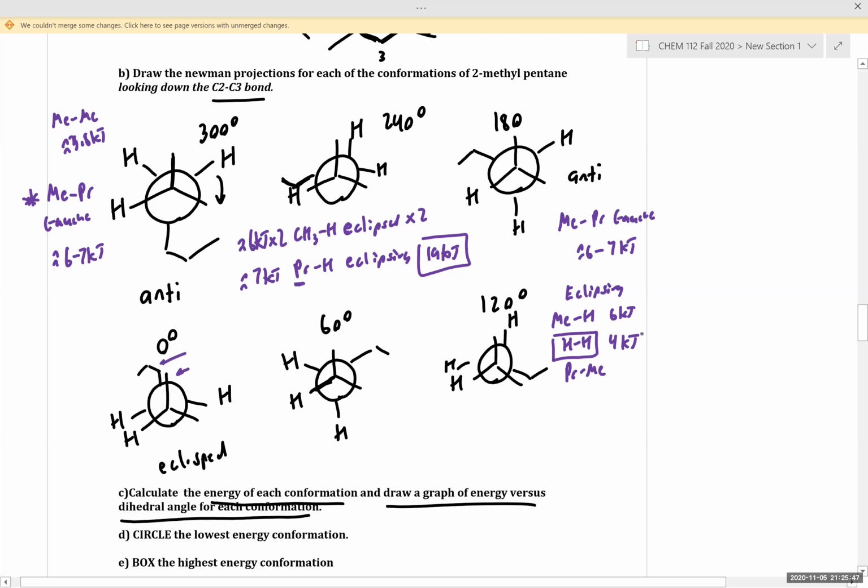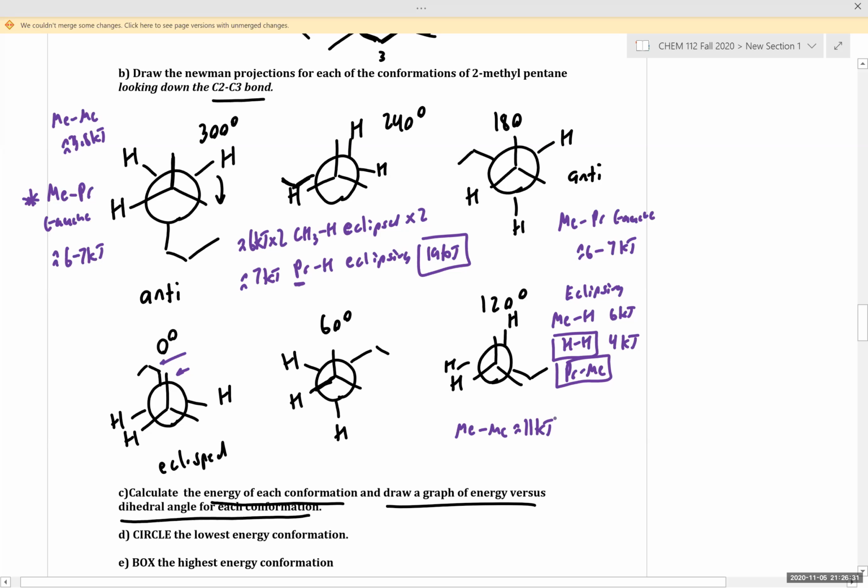4 kilojoules. Okay. Now for a propyl-methyl eclipsing, we know from our table that a methyl hydrogen eclipsing interaction is 6, a hydrogen-hydrogen is 4, and a methyl-methyl eclipsing interaction is around 11 kilojoules.